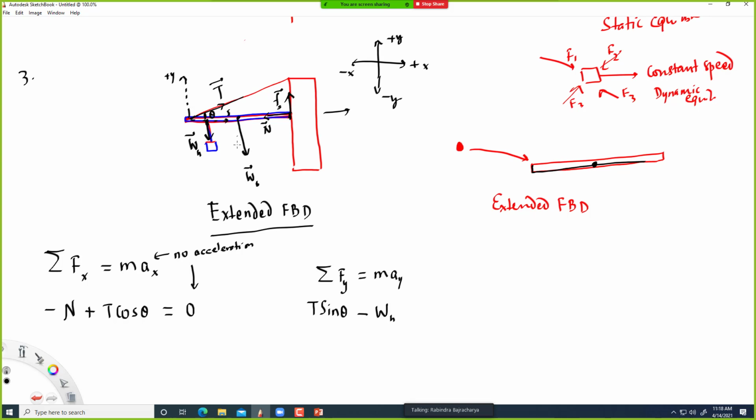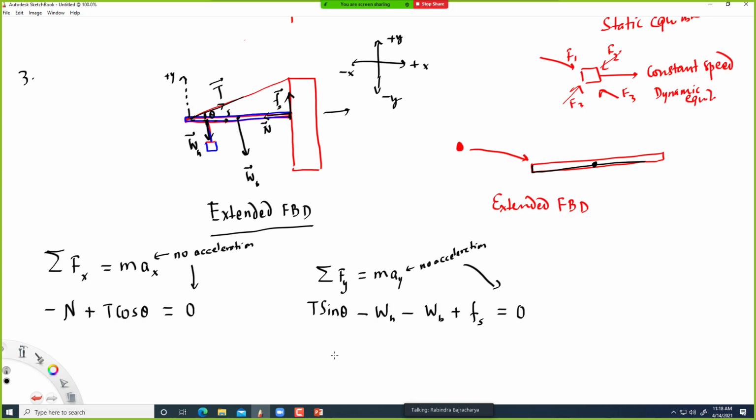There is the weight of the beam, W sub B, and there is this friction, which is positive, and the sum of all these would be 0, because again there is no acceleration in the y direction. Okay, so that's the answer for B and C.